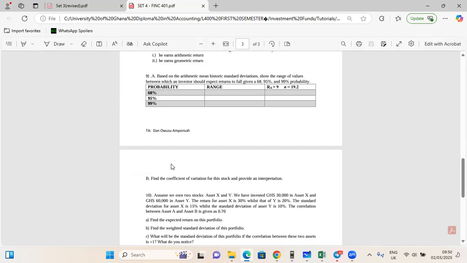So now B is telling us to find the coefficient of variation.